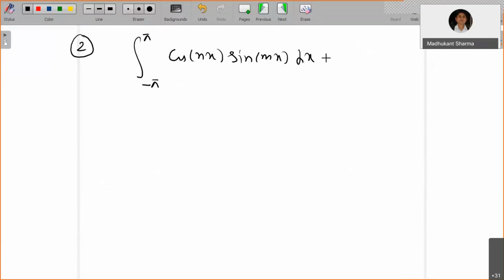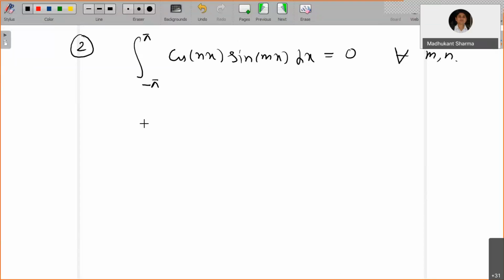Whether m is equal to n or m is not equal to n, this will always be 0 for all m, n. Why? Because cos is an even function, sin is an odd function. Okay, the definite integral property will give you that it is equal to 0.